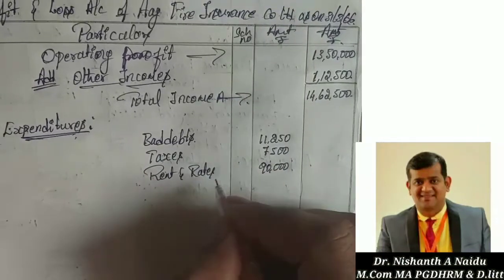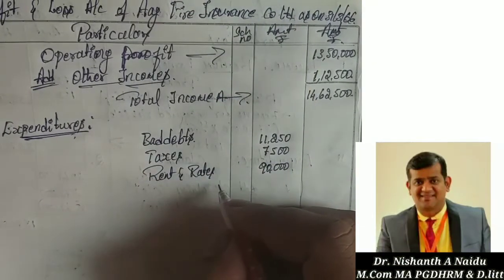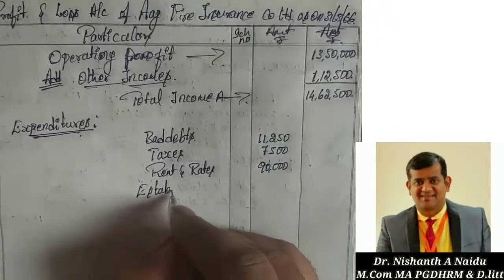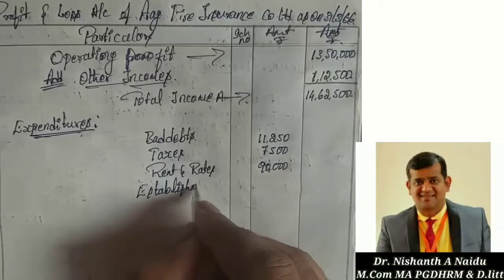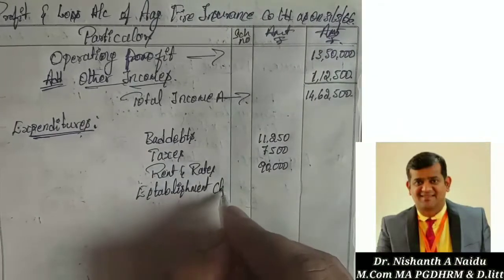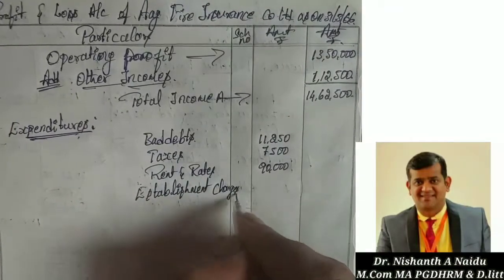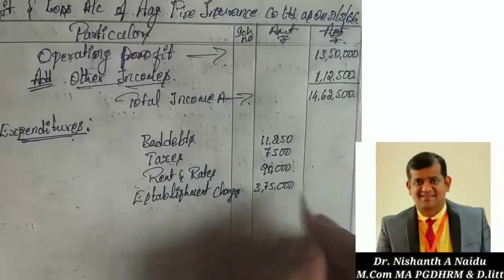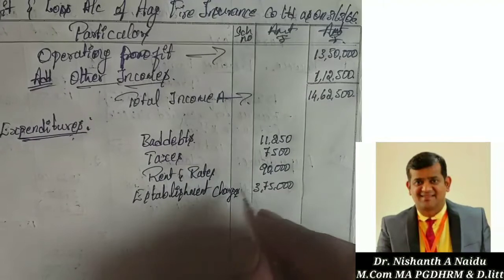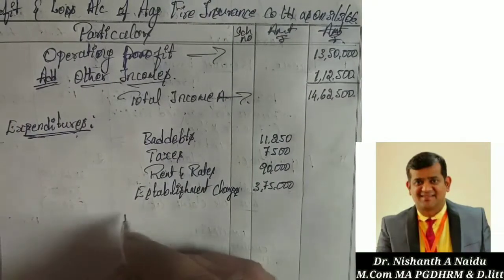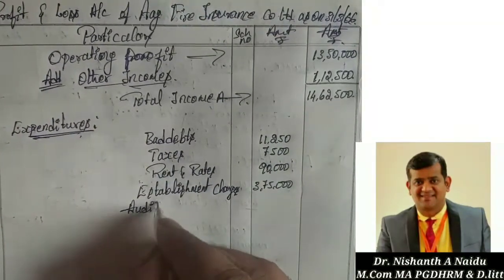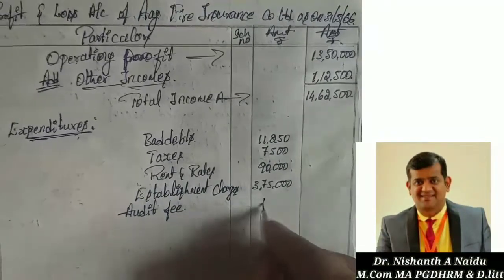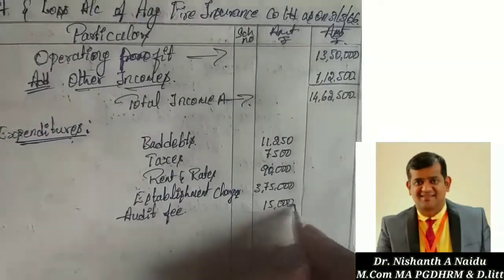Then we have establishment charges, it is expenditure. Establishment charges is 3,75,000. Take down 3,75,000 rupees. Then we have audit fees 15,000 rupees. Take audit fee directly, 15,000 rupees.